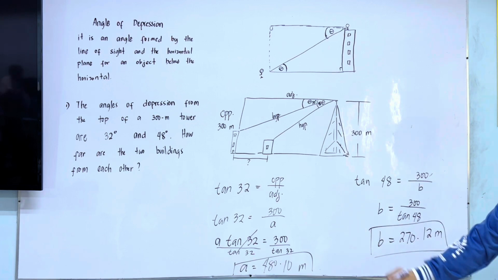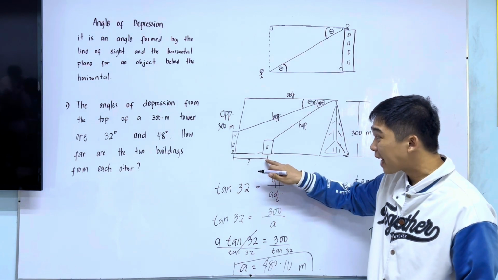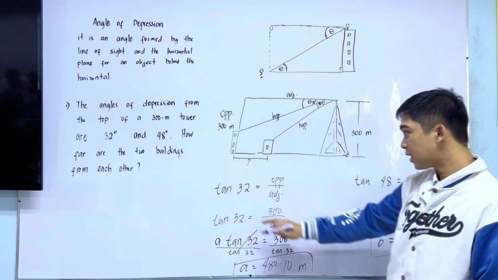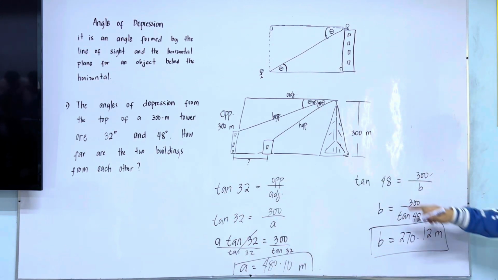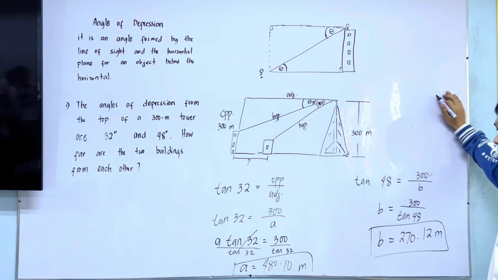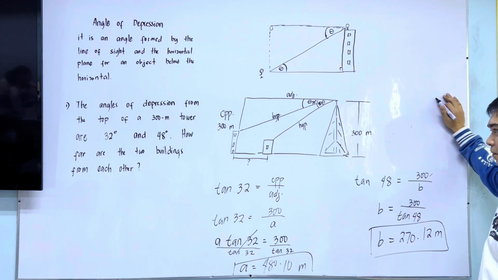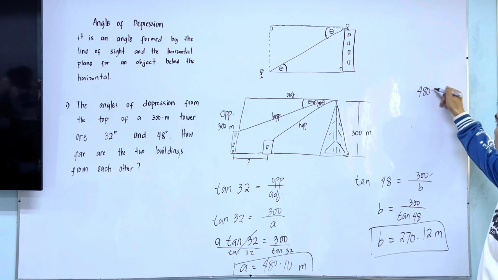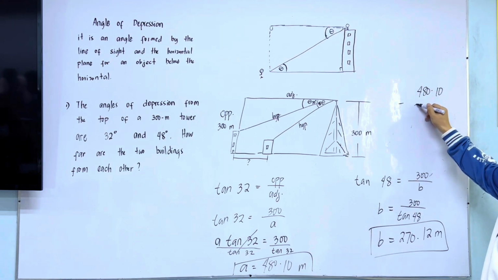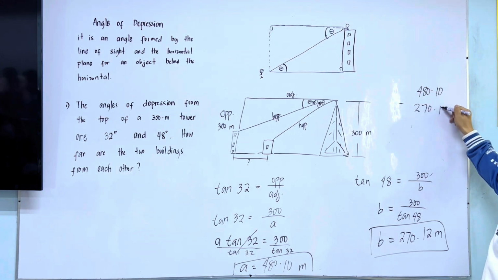The question is, gano kalayo yung dalawa? So we need to subtract the distance of A to B. So 480.10 minus 270.12.